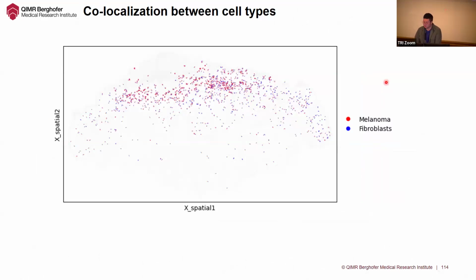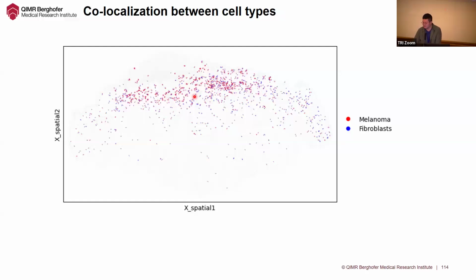And we can also visualize the colocalization between different cell types. In this case, I'm interested in melanoma and fibroblasts. We can see that in those regions, those 2 cell types have a high chance of being close to each other.